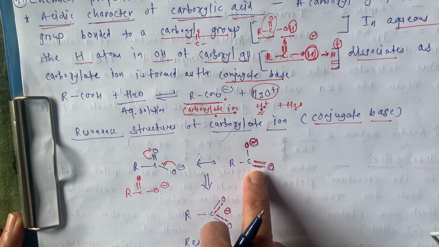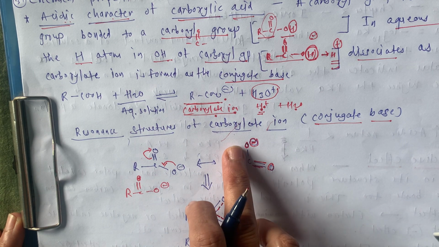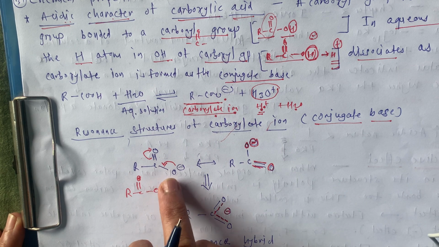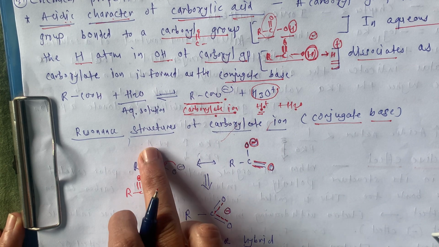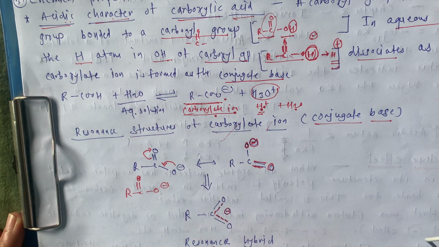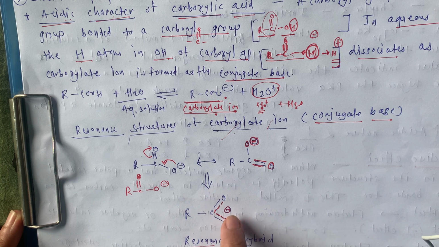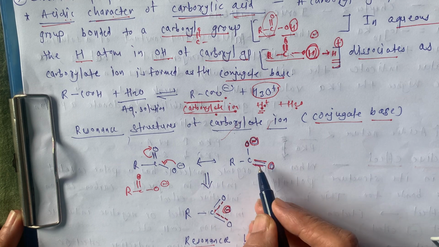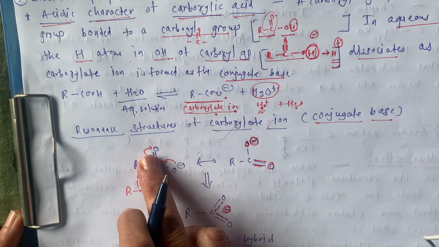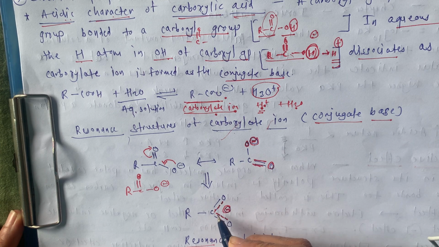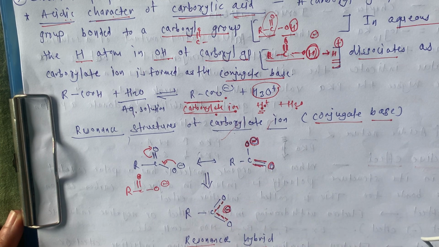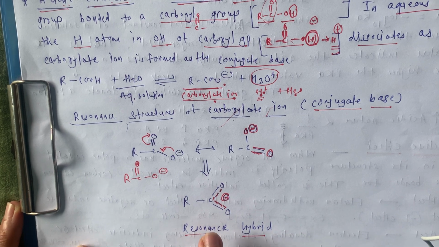In the first structure this oxygen has the negative charge, whereas here it is C double bond O. So we can show the resonance hybrid like this. The negative charge is moving over these three atoms, so I write the minus charge here, and these bonds, which are sometimes double bonds, we can write as dotted lines. This is our resonance hybrid of the carboxylate ion.